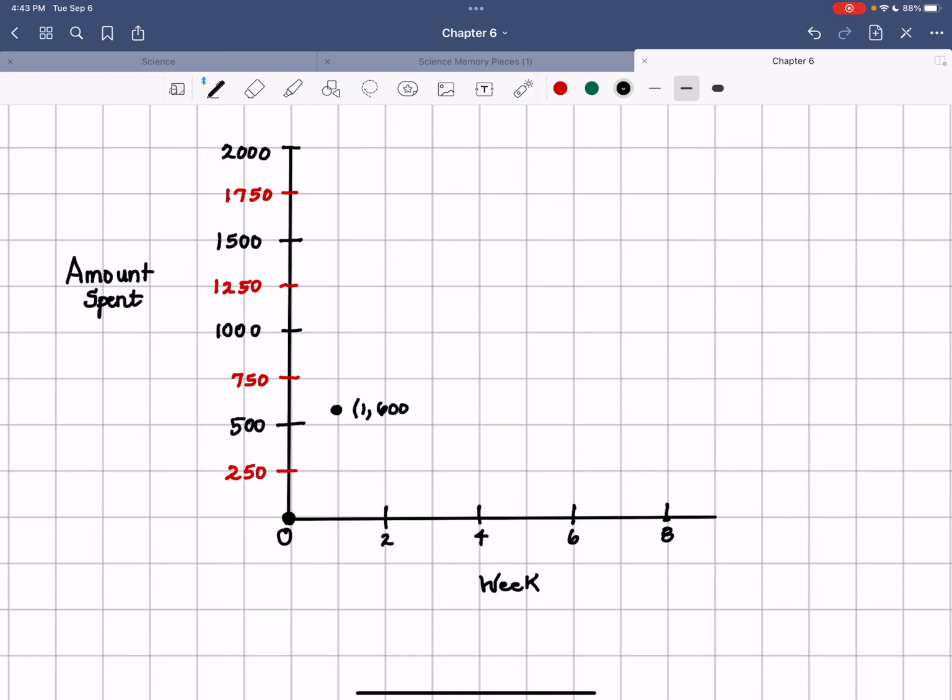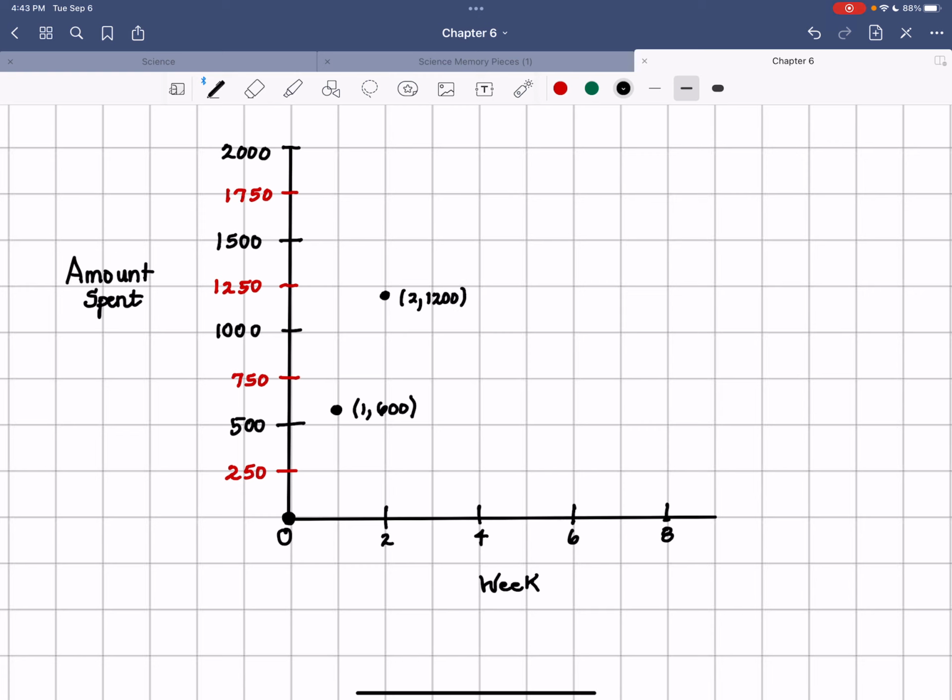So in the first week, he spends $600. In the second week, he's almost up to $1,250, we'll say. That's in the second week. So that confirms what I got here. So in week 2, he spent $1,200.